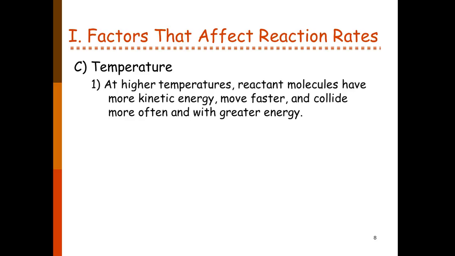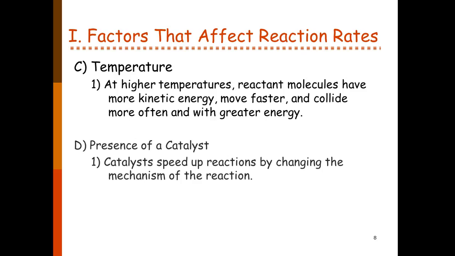Temperature is another thing that we can change. As the temperature goes up, the kinetic energy goes up, and the molecules are more likely to collide together with a greater energy, and we're more likely to produce product. The last example is something we have not come across in this class, but you may have seen it in your biology class.